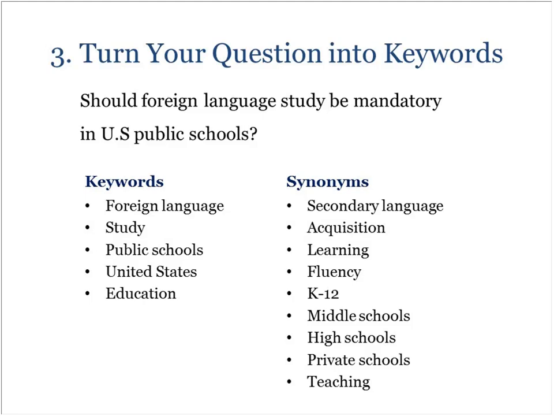And then my question involved United States public schools. Well, public schools, there's middle, high, elementary schools. Sometimes that's written as K through 12 or even elementary through 12th grade. So it's always good before you start just typing in search words to think about, if I don't find the result I'm looking for, what are some other ways I could express my topic?